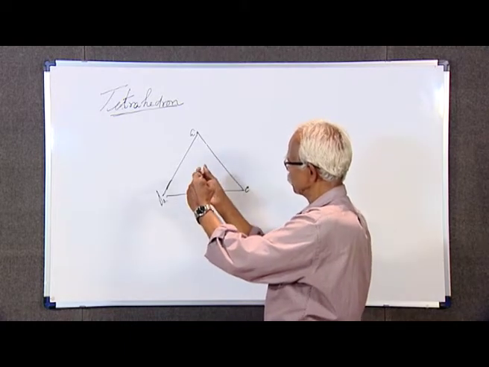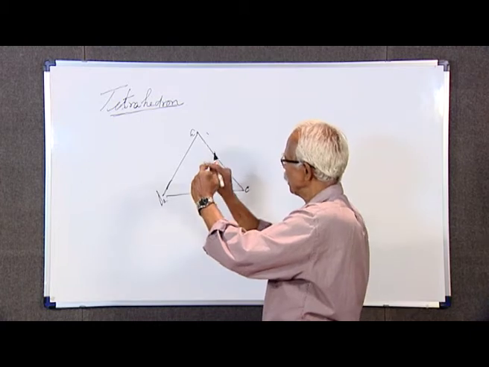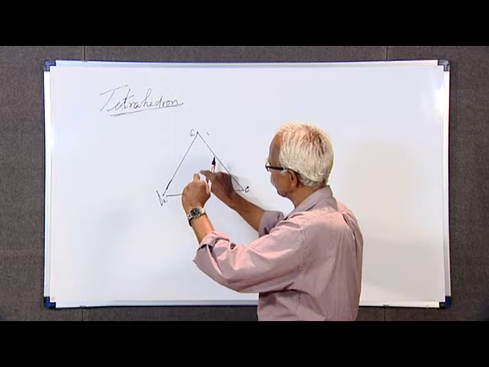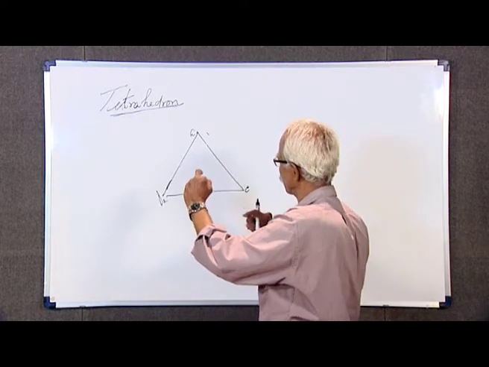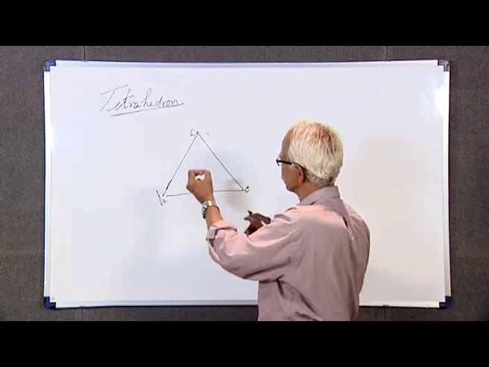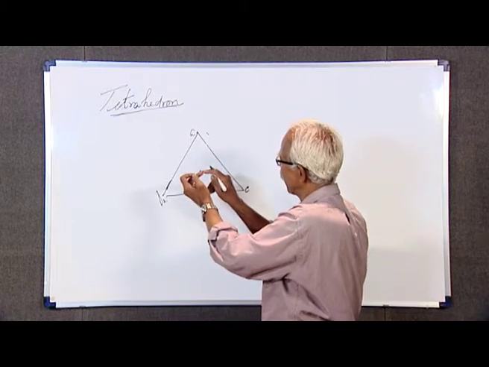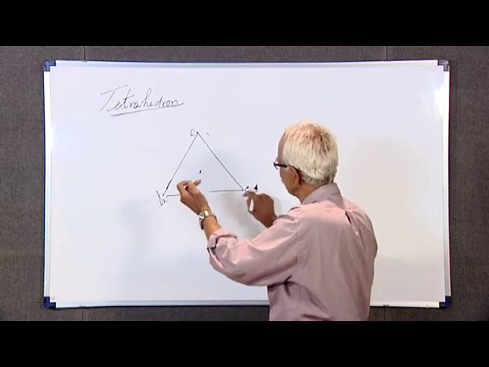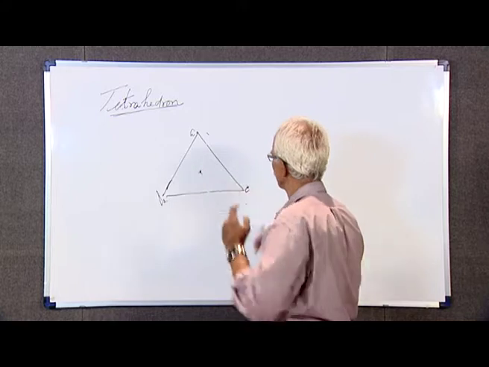If I go this way, suppose this is O, OA will be equal to OB equal to OC because I am going through the perpendicular to the triangle passing through the centroid. But when a particular stage is reached, I stop such that OA equal to AB, then AB equal to BC equal to CA equal to OA equal to OB equal to OC.